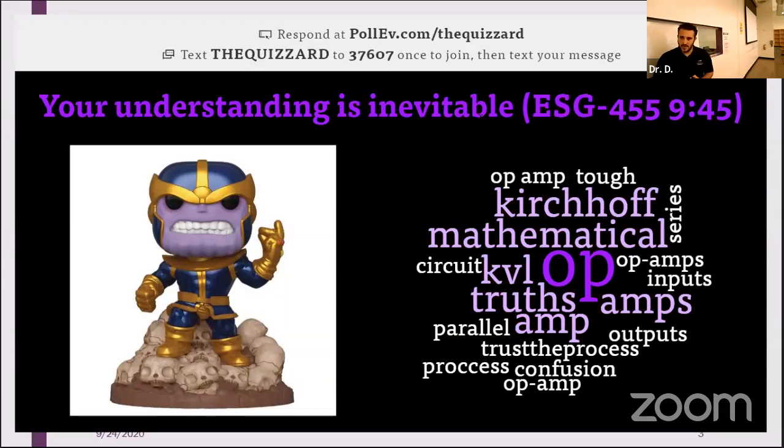Kirchhoff, mathematical truths, op amps, parallel, trust the process, confusion. I think parallel versus series. How do we handle things in parallel versus in series, right? As of right now, later when we get to Laplace transforms, we're going to learn about something called impedance.